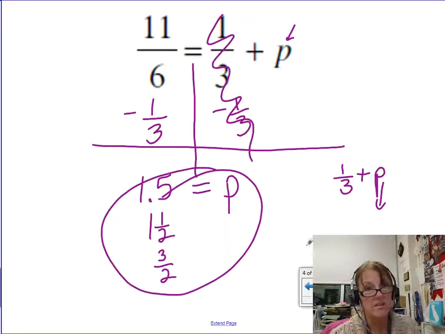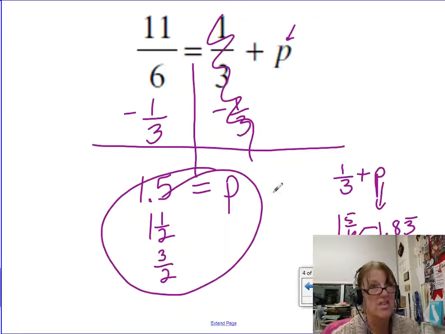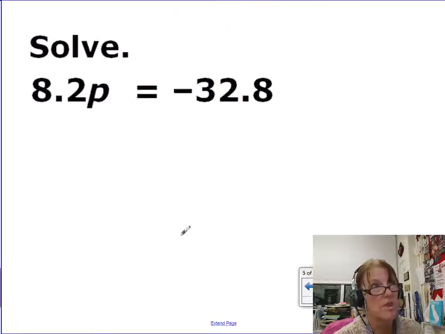Depending on what your calculator says, it should either say 1 5/6, and then you can convert that into the improper fraction. You might have gotten 11/6 on your display, or you might have gotten a decimal. The decimal looks like this, and if you convert it back into the fraction format, you'll get one of those. It checks. I want you to put a check mark saying that you actually went through that process. All right, that's example number 1.